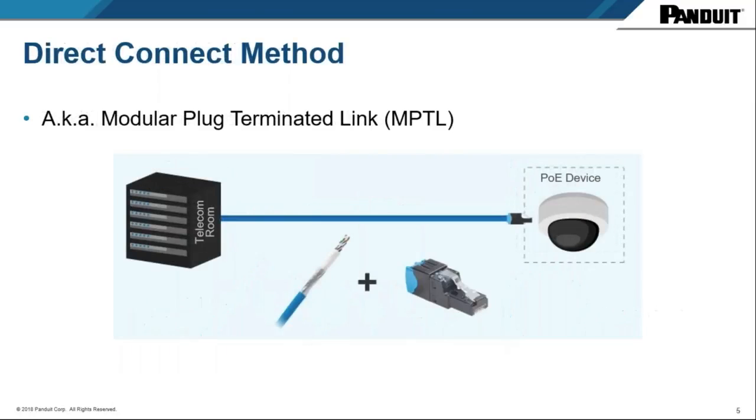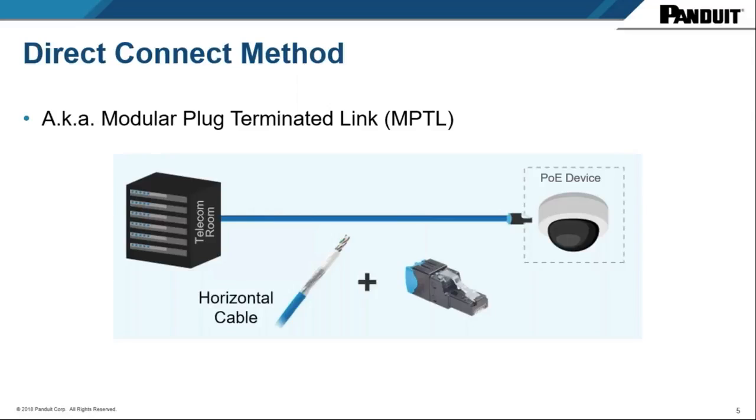Now, another method, which has been introduced just recently, and we'll talk in a moment about the standards activity on this, is called the direct connect method. With the direct connect method, you can see that we still have the telecom room represented there on the left, and the PoE device represented on the far right.